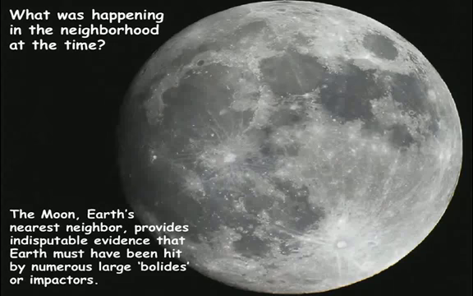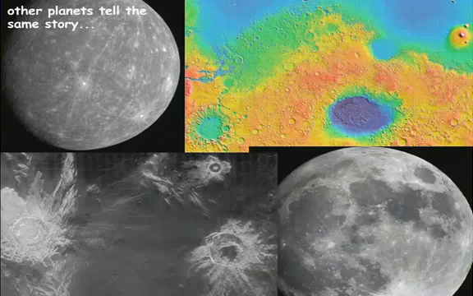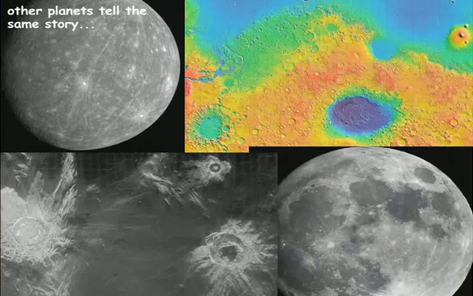Well, what was happening in the neighborhood at the time? If we look to the moon, there's lots of evidence of early large bolides. If we look to all of the other planets, Mercury, actually not Venus. Venus doesn't have that many craters. It has enough big ones, but that's another story in and of itself.